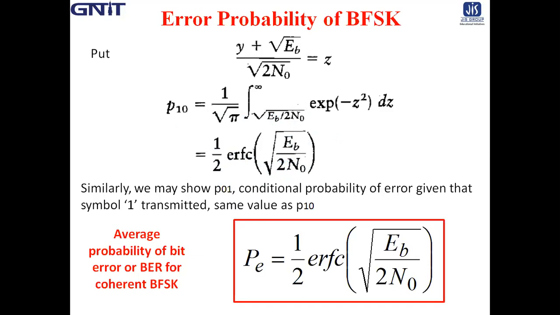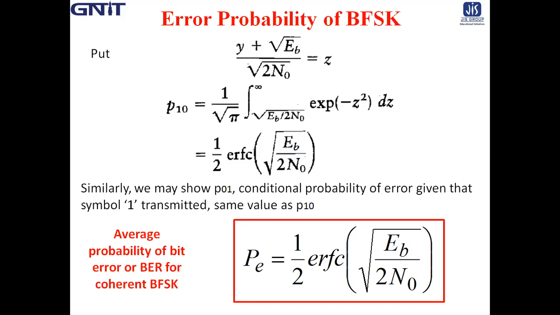Similarly, we may show that P01, the conditional probability of error given that symbol 1 was transmitted, has the same value as P10.